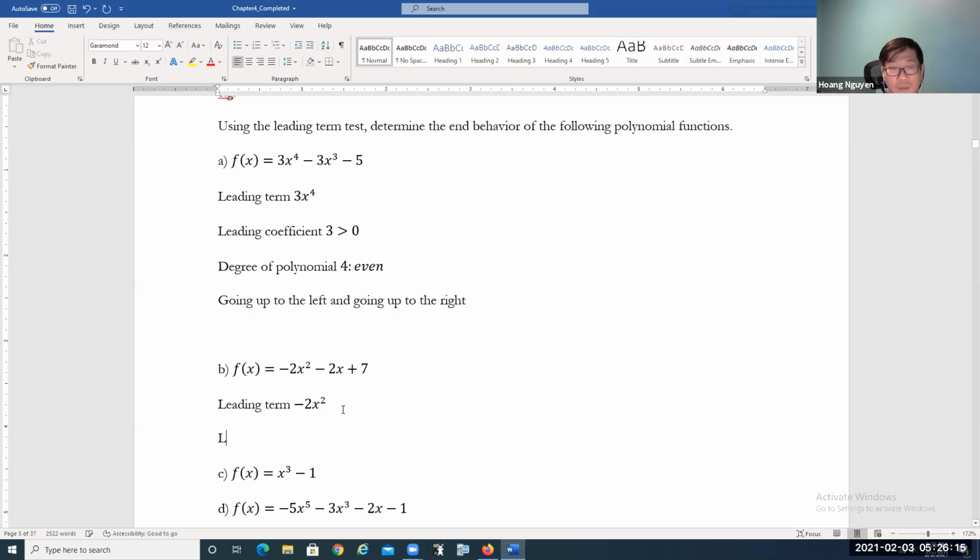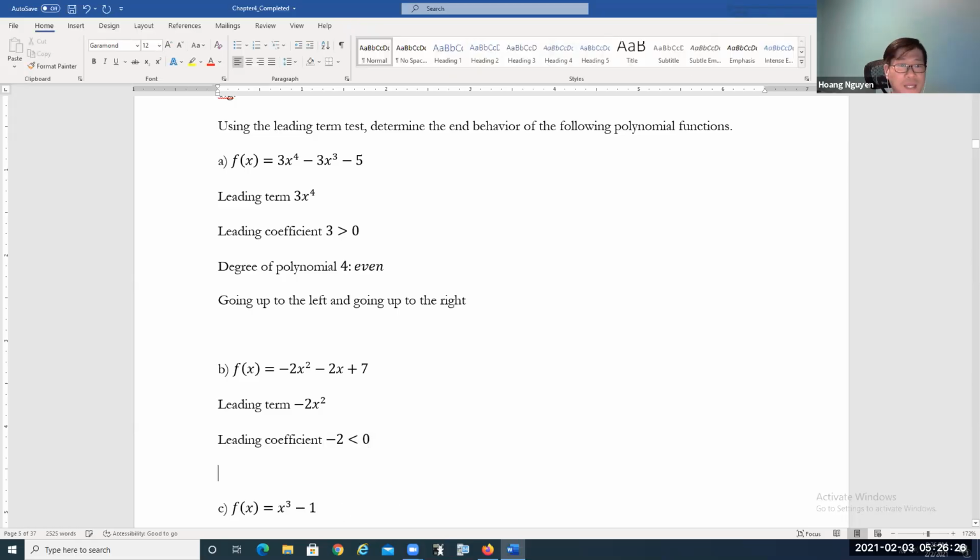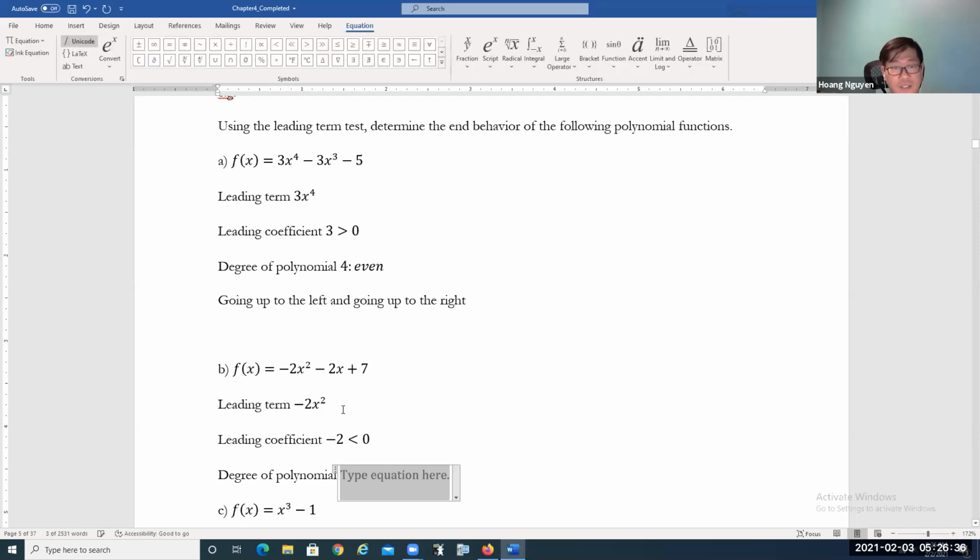After we know the leading term, we can find the leading coefficient, which is negative 2, and we know this is less than 0. Now we're going to find the degree of the polynomial. We have negative 2x to the power 2, so the degree is 2, an even number.